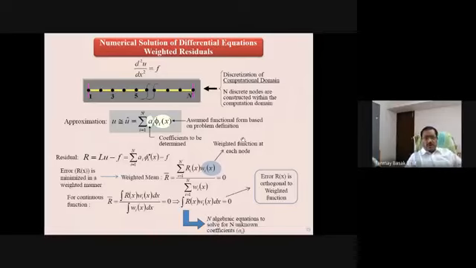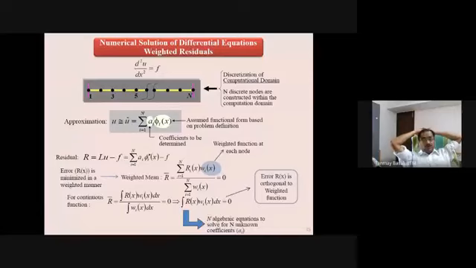So the next part is the approximation. The residual method is the heart of the finite element method. It says that any vector can be expressed as a linear combination of basis functions, as we discussed today. That's what we have learned today, and it is pretty much useful.